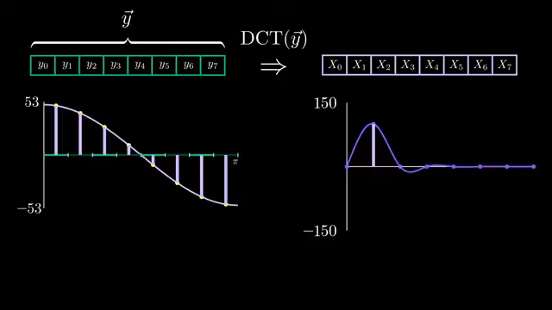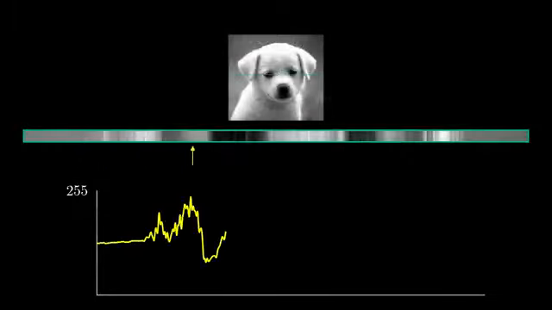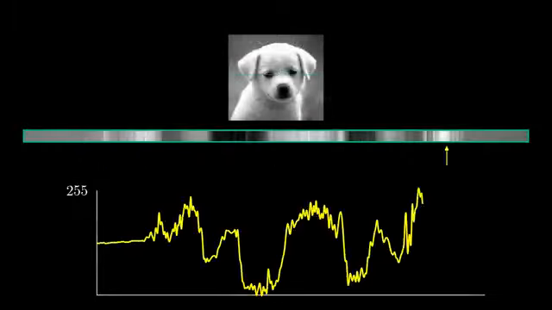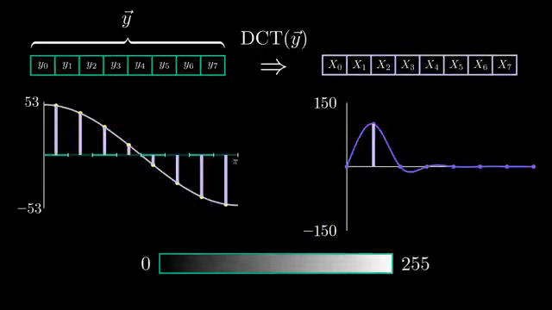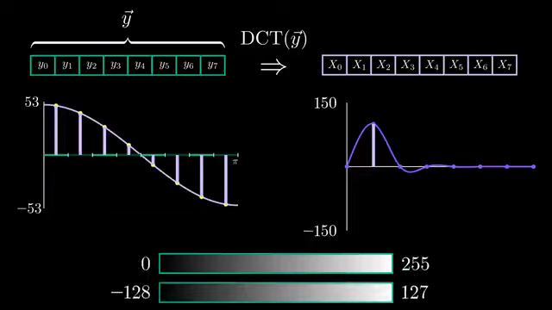So taking a step back, how does this relate to images? Well, just as we took images and represented them as signals, the reverse also works. Standard grayscale images have pixels ranging from 0 to 255. The intuition with cosine waves to images makes more sense when we shift the range of pixel values by 128.